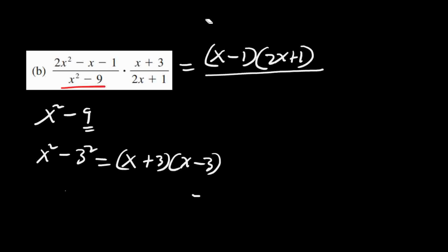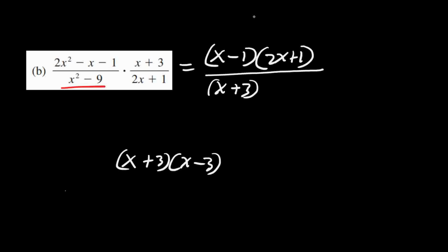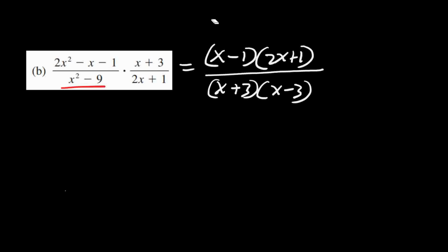All right, so now that we have factored x squared minus 9, all we have to do now is to bring the value here. We now have x plus 3, x minus 3, times x plus 3 from the question over 2x plus 1.